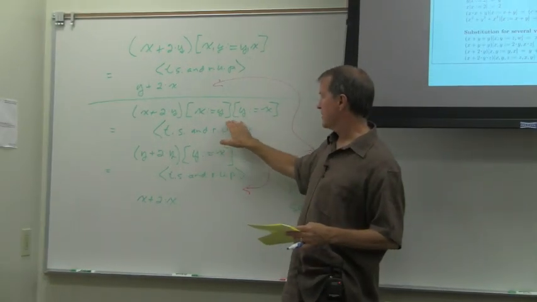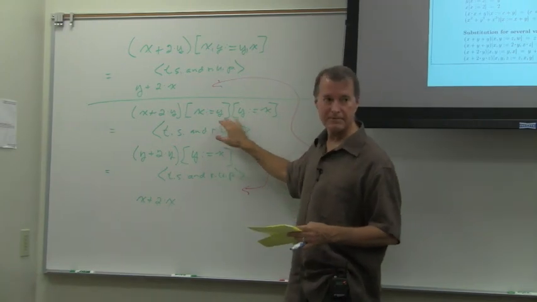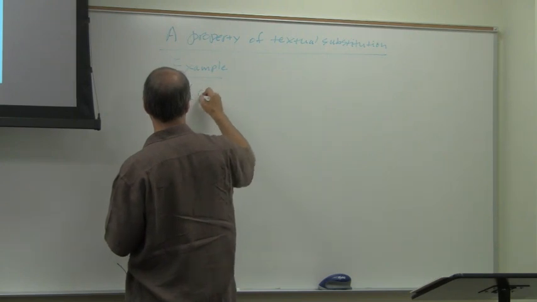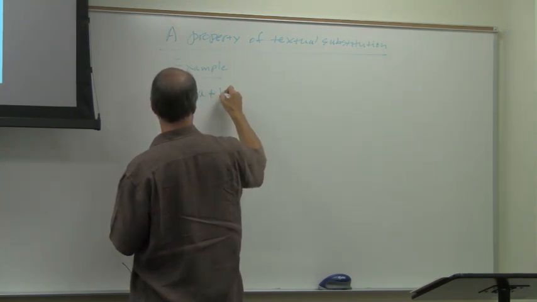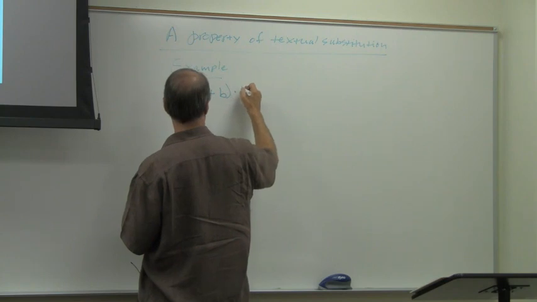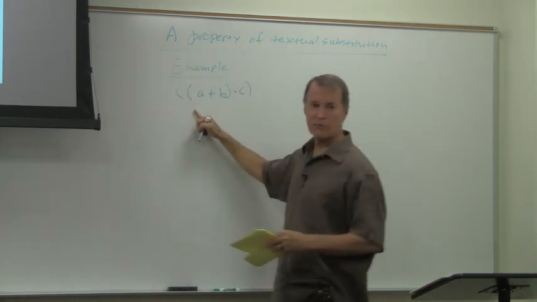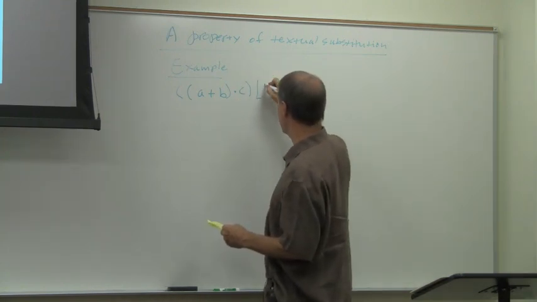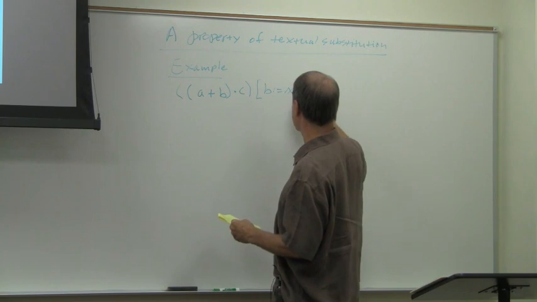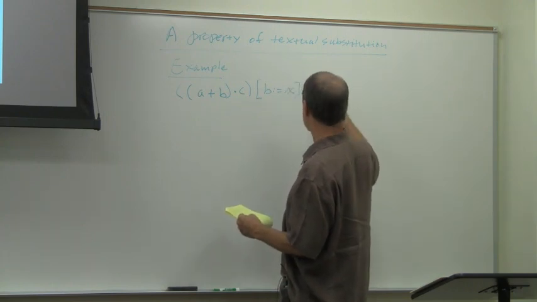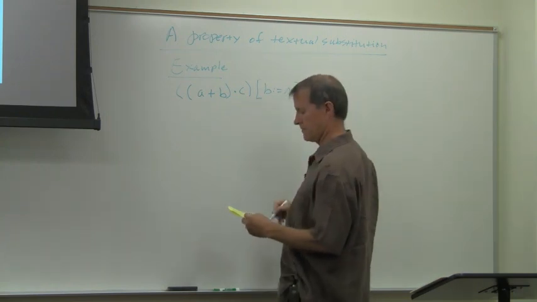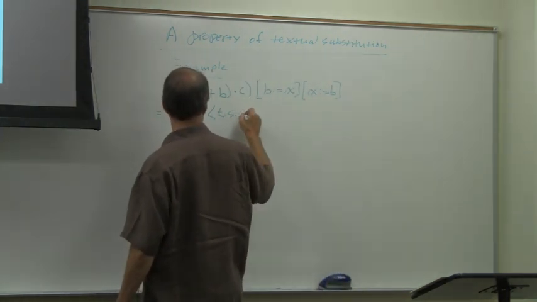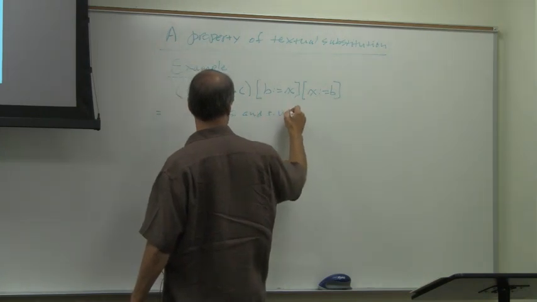What we're going to concentrate on is doing two things in a row here. So here's our first example: a plus b times c. Now what we're going to say is b replaced by x followed by x replaced by b. So equals, TS and RUP the first time.